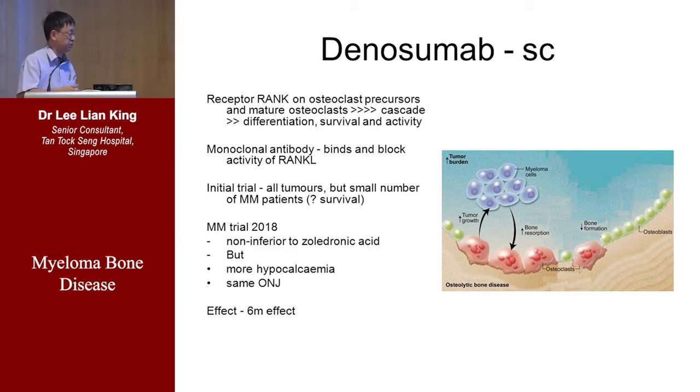But a few more patients got low blood calcium, and some patients also got the complication we call osteonecrosis of the jaw. Compare this to bisphosphonate, which binds to the bone itself and lasts for years; the effect of denosumab will probably last for 6 months or so. So this is to bear in mind when we decide to use this medicine. So far, I have not put my patients on this medication.